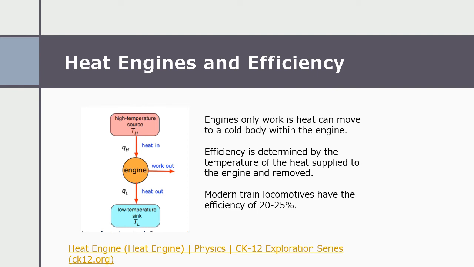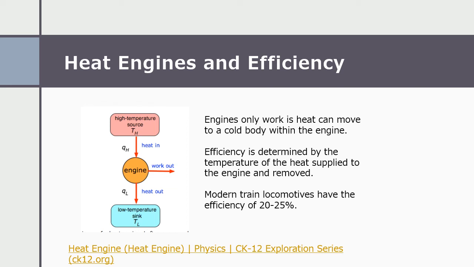Engines can only work if heat is moved from a high temperature area to a low temperature area within the engine. Efficiency is described by the temperature of the heat supplied to the engine and the heat removed. On the left there's a simplistic diagram of a heat engine, where at the top it shows the high temperature source where the fuel supply is.